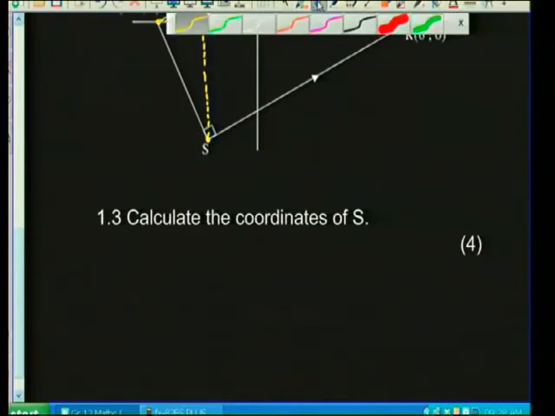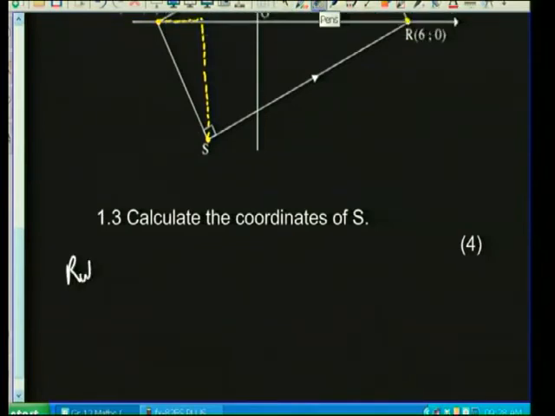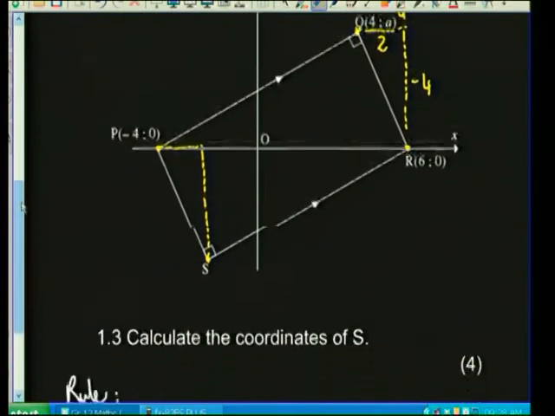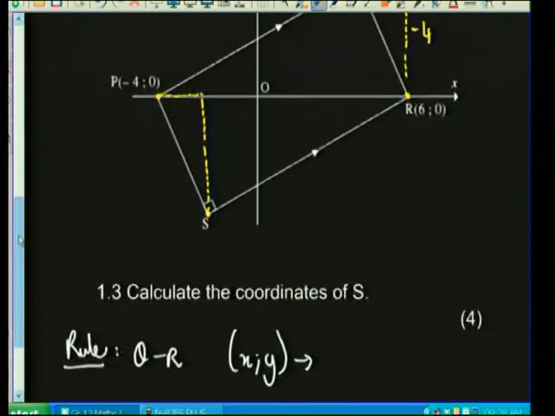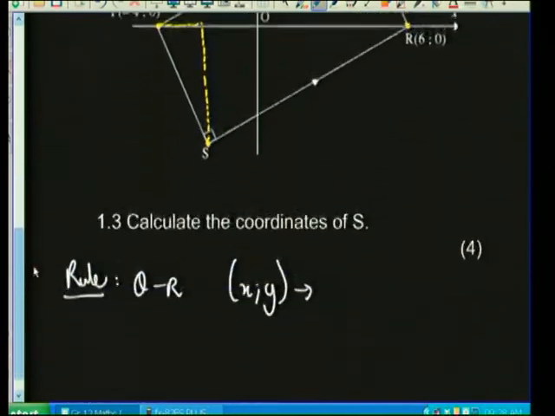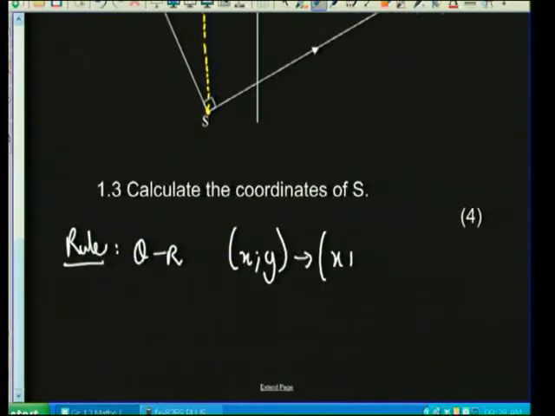All right. So the rule, and remember how we write a rule. So I'm going Q to R, and I would see that (x, y) is going to map onto... Now, each and every x is going 2 to the right. So I'm going to say, well, that would be x plus 2.